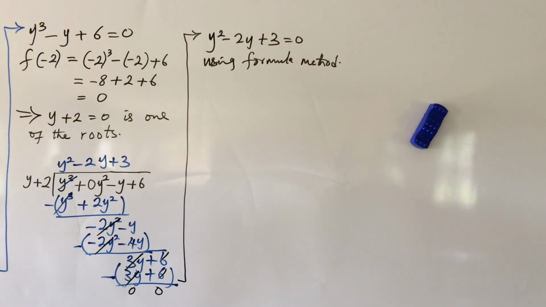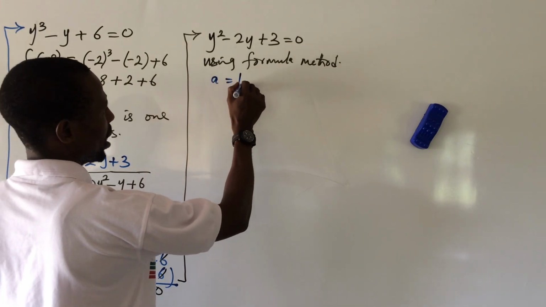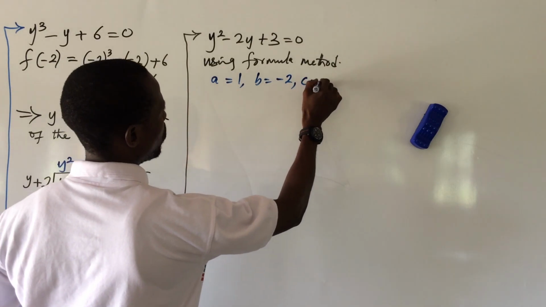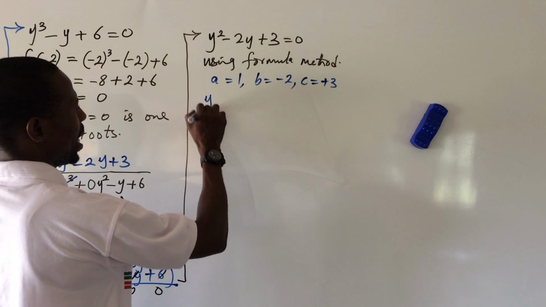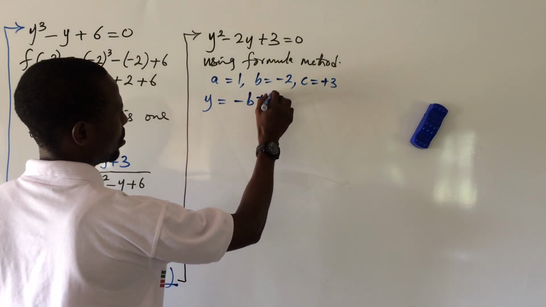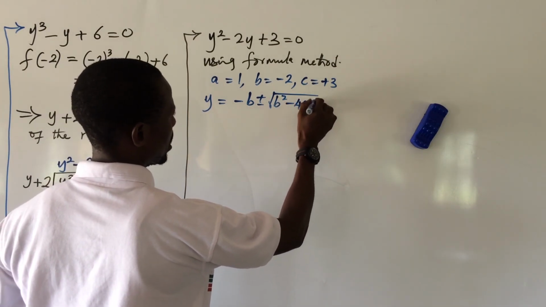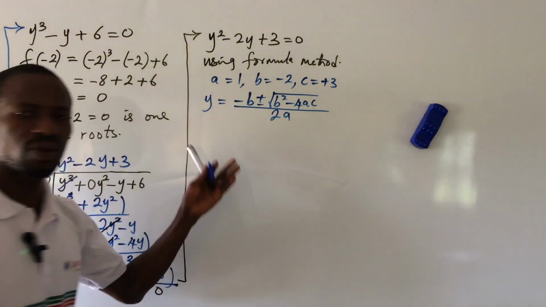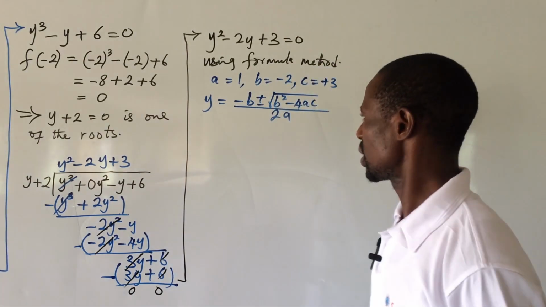We're going to have this to be our a. Let's bring out our a first. So we have a equal to 1, comma, b equal to minus 2, and c equal to plus 3. And the formula says y equal to minus b plus minus square root of b squared minus 4ac all over 2a. So let's go ahead and substitute the values of a, b, c into this formula.